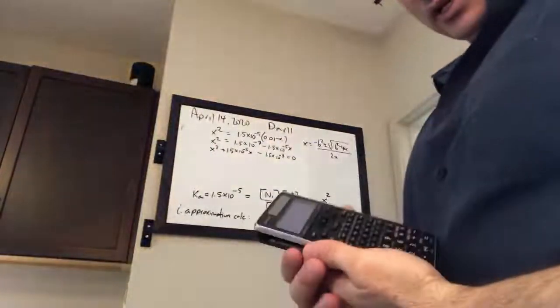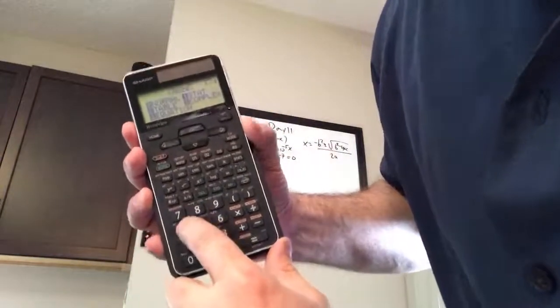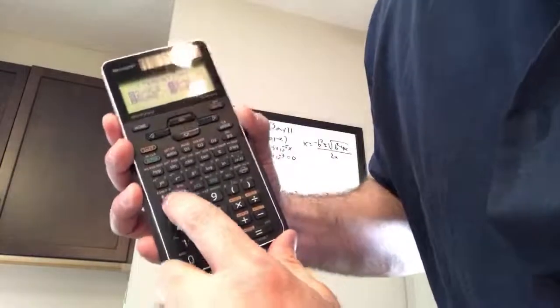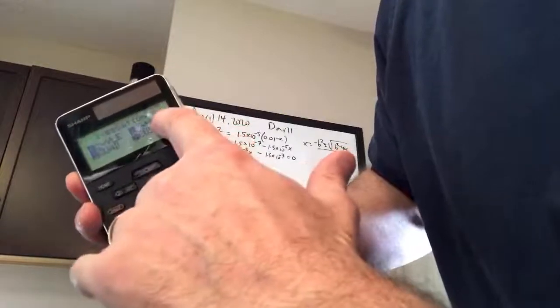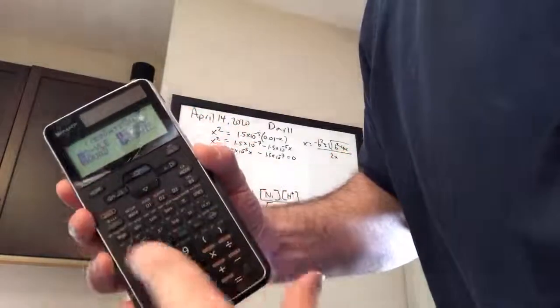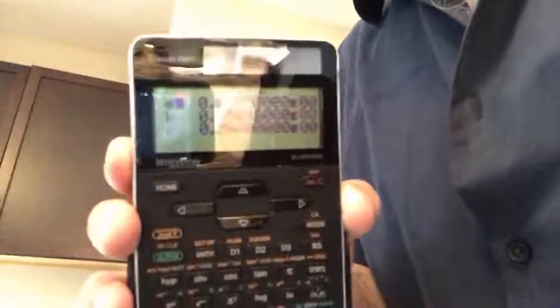So, mode, here's my calculator, mode, press equation. Then you get a pop-up menu: 2 variable linear equation, 3 variable linear equation, quadratic. Quadratic, 2. Now you get these three numbers appearing, A, B, C, 0, 0, 0, and you have to enter each one of the values.